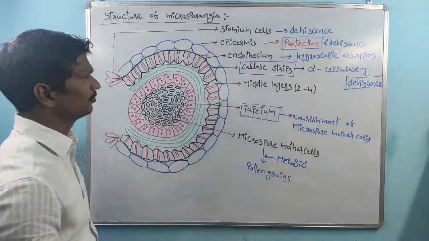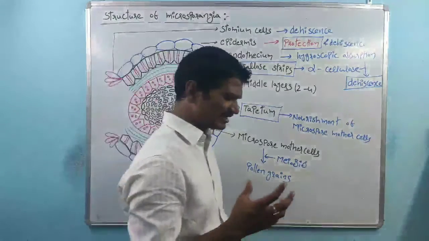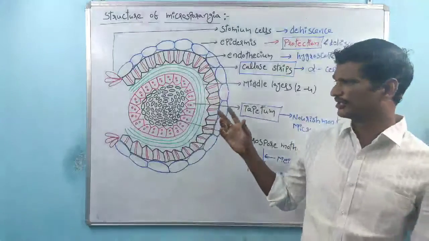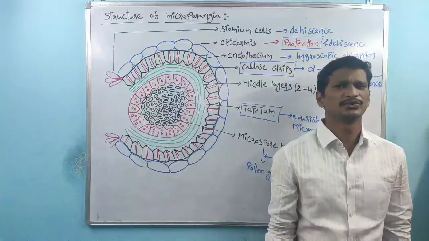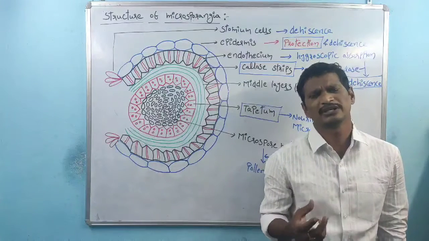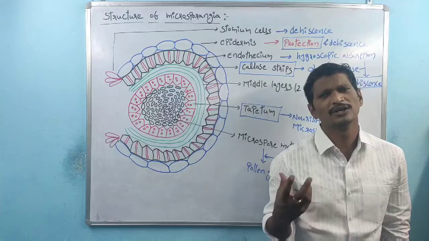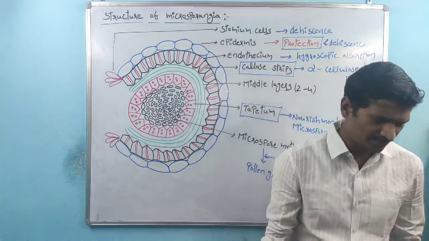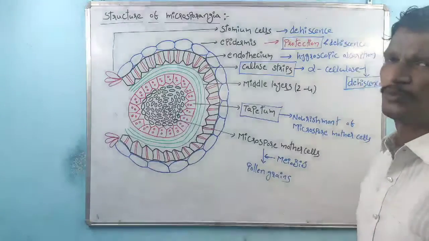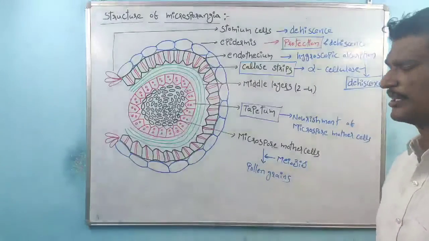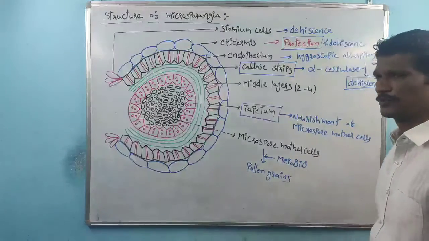So what I am telling here is that the center cells within the microsporangia are a very important tissue and a fertile tissue. Fertile tissue means the cells have the capacity to produce pollen grains. These cells are called microspore mother cells, which undergo meiosis.